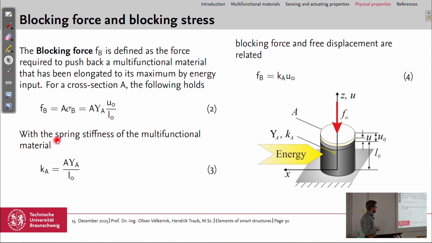And we can also define a spring stiffness of the multifunctional material Ka, which is the cross section times the Young's modulus divided by the initial length, and therefore you can relate blocking force and free displacement with this spring stiffness: Fb equals spring stiffness Ka times U0.